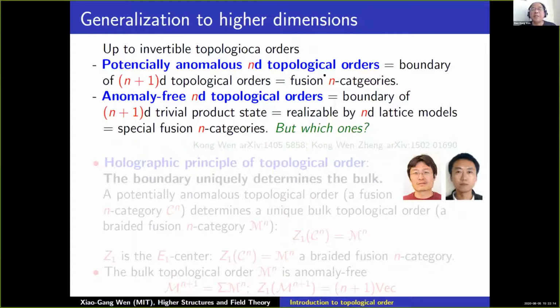In higher dimension, this idea we propose also works in any dimension. In higher dimension, we have the so-called potentially anomalous topological order, which basically means a fusion N category.